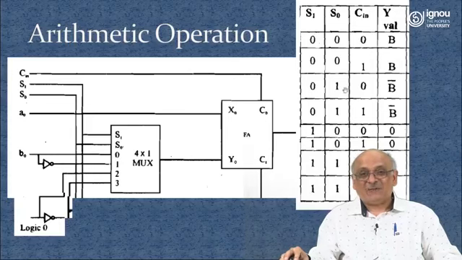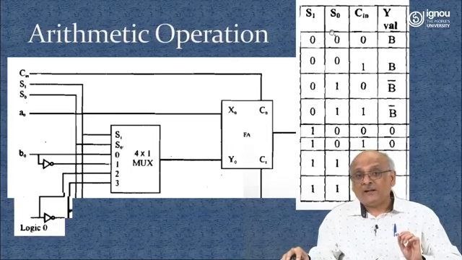What is this one? This is a very interesting one. 0, 1, 0. So what we are getting? That means B complement we are getting. So the overall effect is A plus B complement, because the input bit is 0. A plus B complement is subtraction: A minus B plus 1. So there is already a carry.